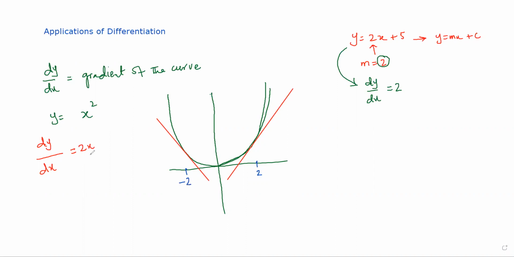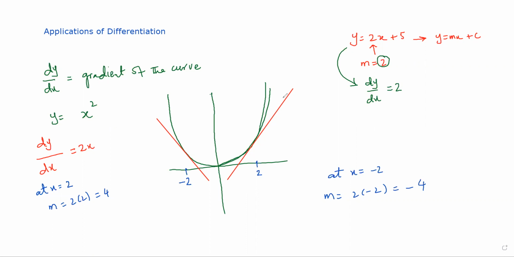So you have to put x into this. At x equal to 2, m is going to be 2 into 2, and that will be equal to 4. Similarly at x equal to minus 2, m would be equal to 2 into minus 2, and that is going to be minus 4.